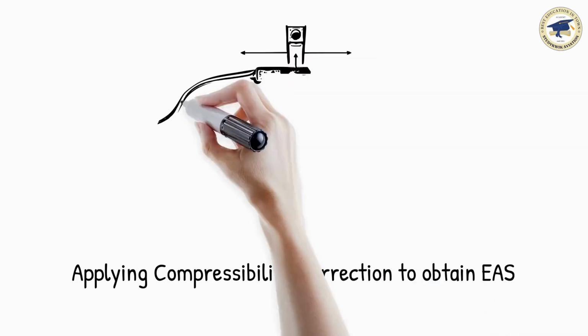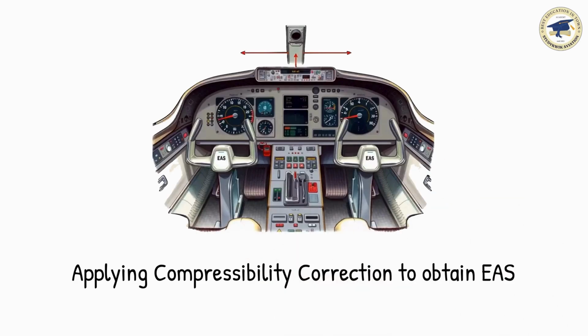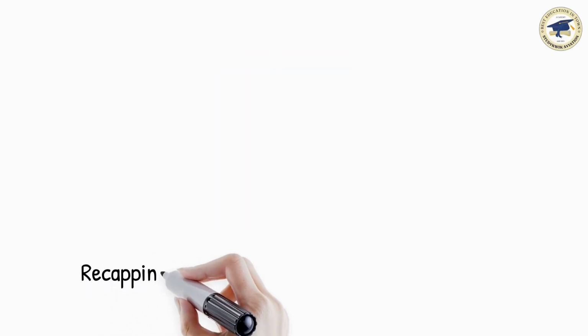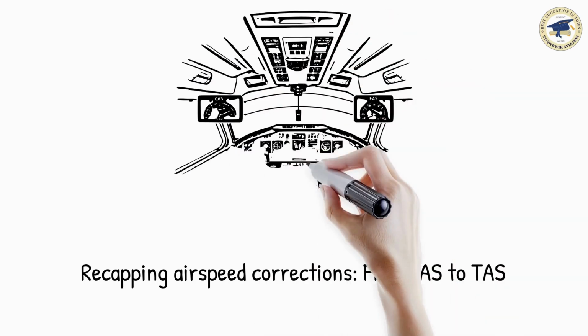This gives us the equivalent airspeed, EAS. EAS is the most accurate representation of dynamic pressure since it accounts for instrument error, position error, and compressibility error. But in practice, we don't always need EAS to calculate TAS. Usually, CAS corrected for density error is sufficient for flight operations.